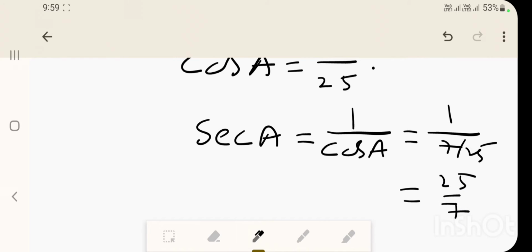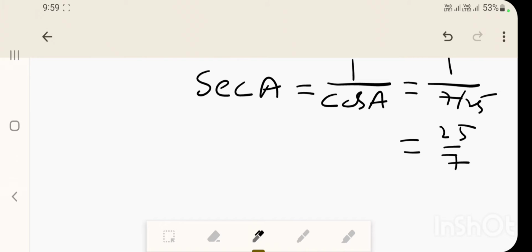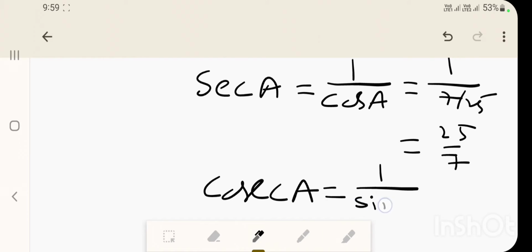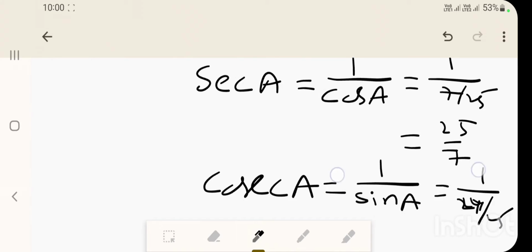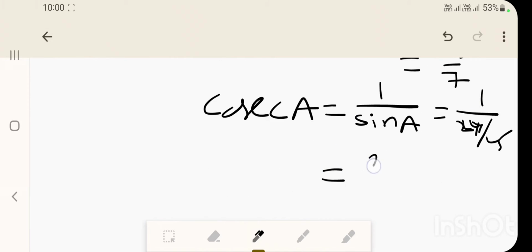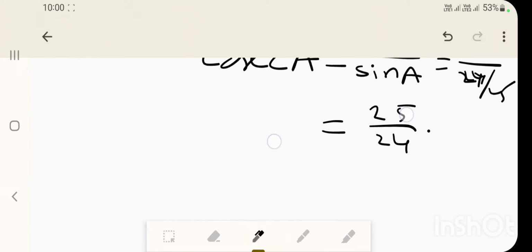Right, this is our secant A. Suppose we want to calculate what is cosecant A. Cosecant A, we know that is 1 by sin A, and sin A is already given as 24 by 25. So when we take the reciprocal we get 25 by 24. This is cosecant A.